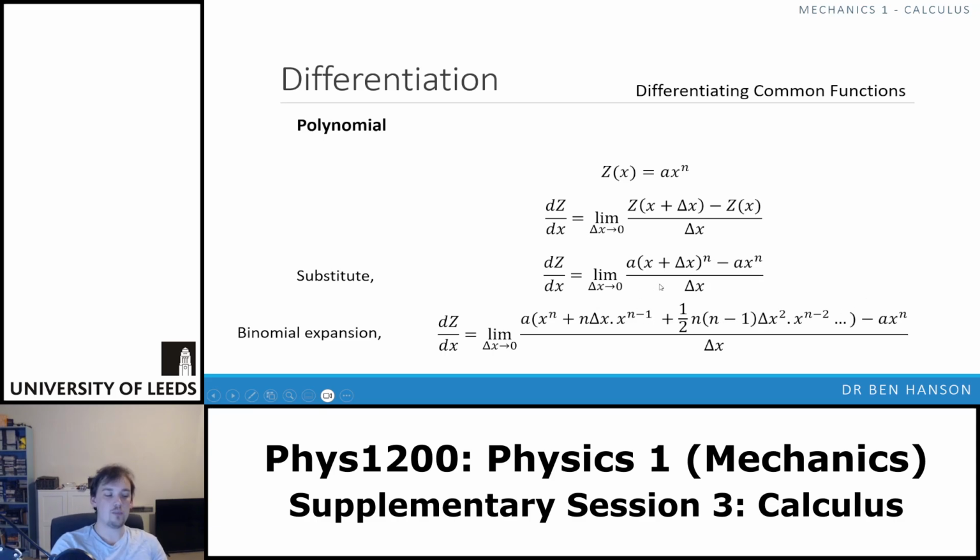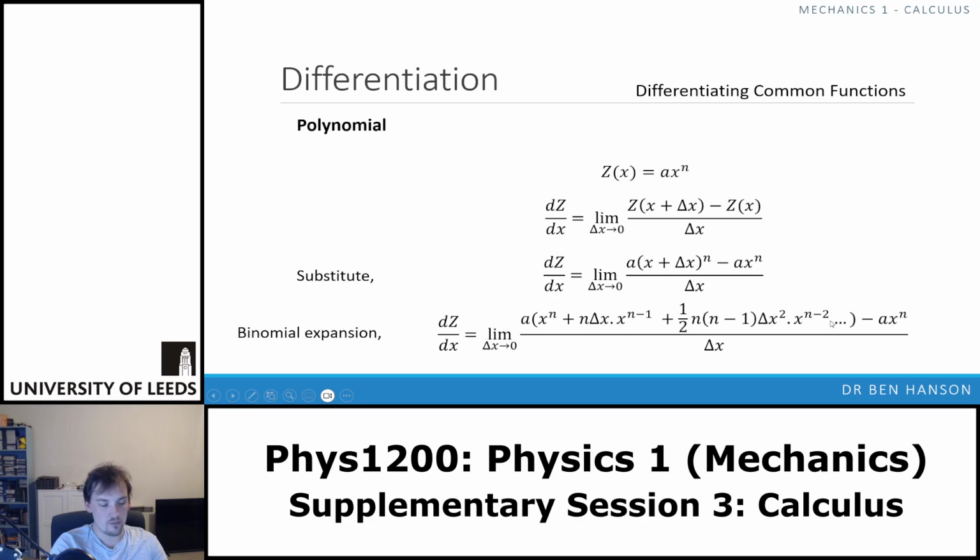The binomial expansion is a lot easier to do if you write it out on a piece of paper and understand how that works. So if you've not come across the binomial expansion, put it into Wikipedia, have a look at what it is, try and times out some brackets that look like x plus delta x to the power 3, to the power 4, and see what the pattern is. You'll see that this pattern is true for every n.